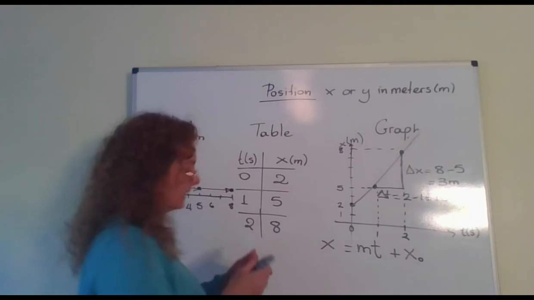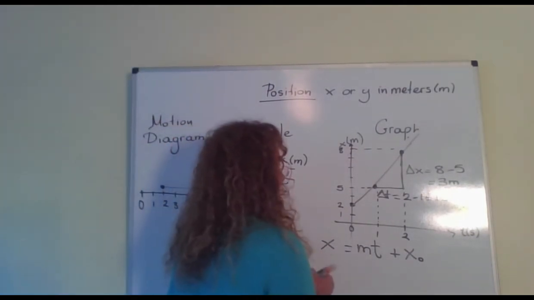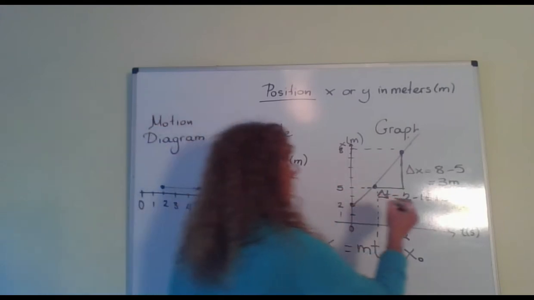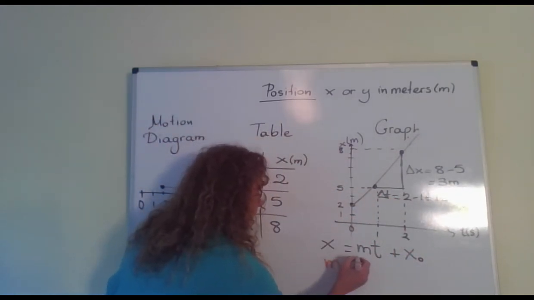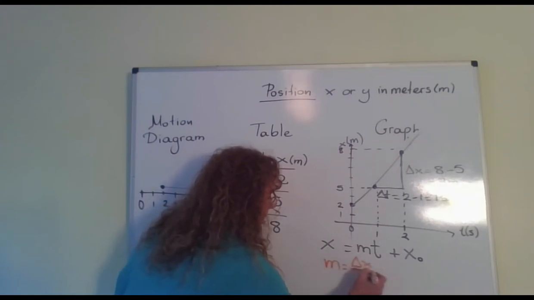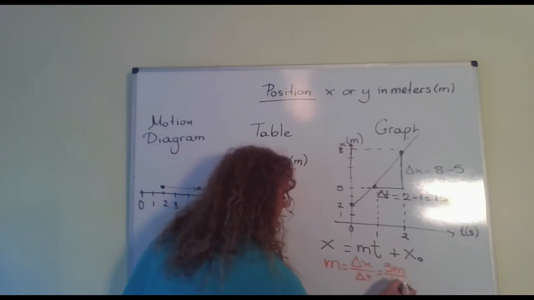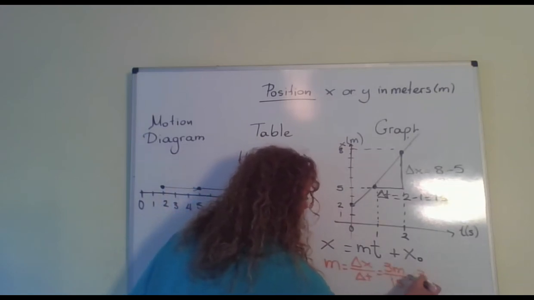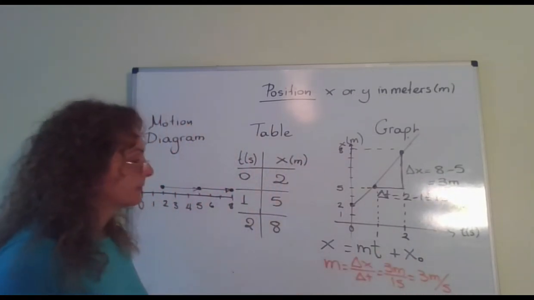And from this I can find the slope. The slope is rise over run, equals 3 meters per second. Okay?